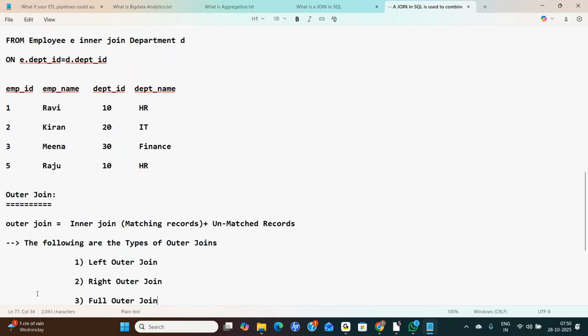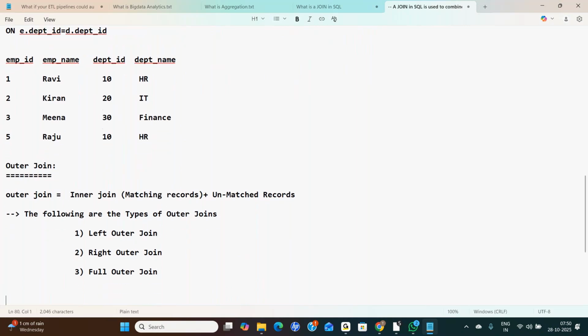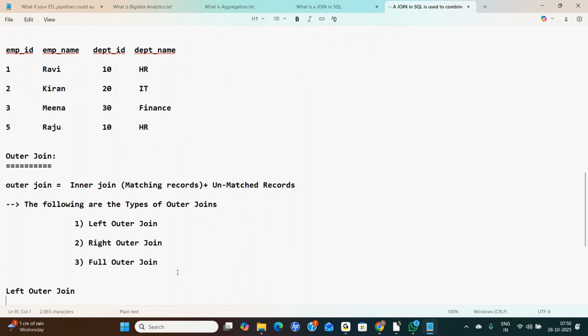Now guys, first let us talk about left outer join. As per the simple formulation, the name itself says left outer, that means it takes all the records from the left table, plus matching records from the right table.